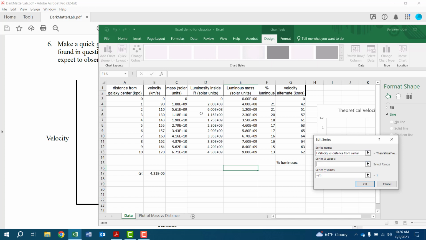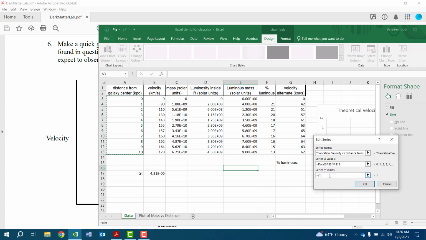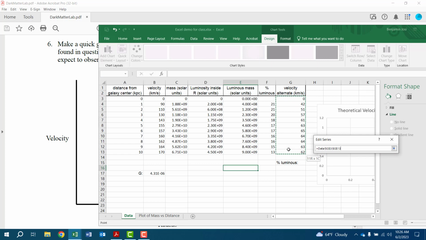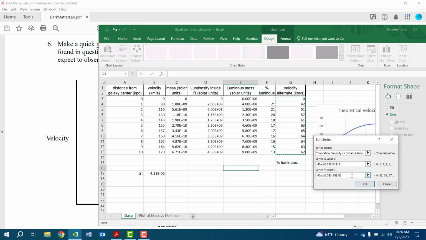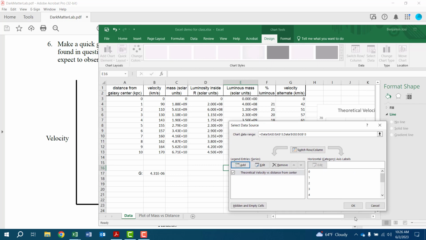And for my x values, like before, grab all of our radii in kiloparsecs, click on here, delete that garbage, and then for my vertical coordinate, it would be the alternate velocities. This is in kilometers per second. Right, that's like basically miles per second times 2/3, I think. Hit OK, or 3/2. OK here as well.